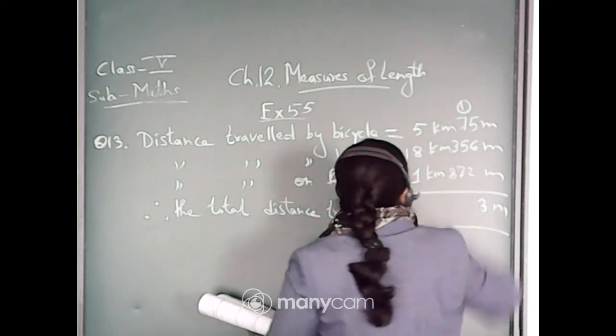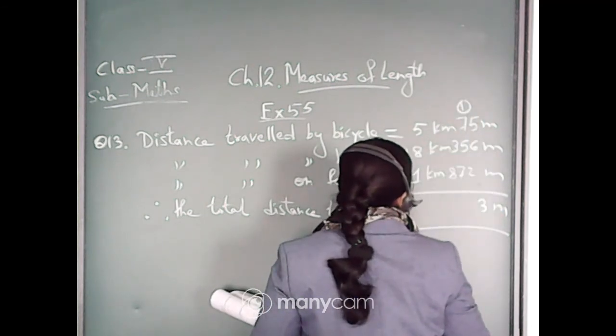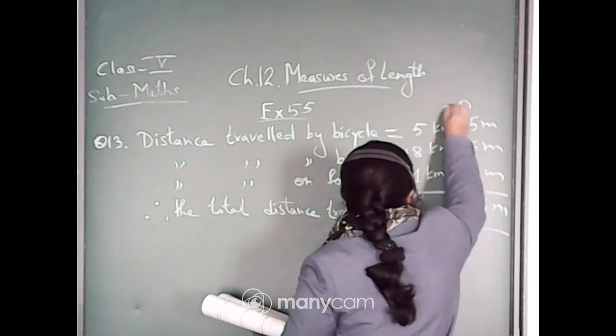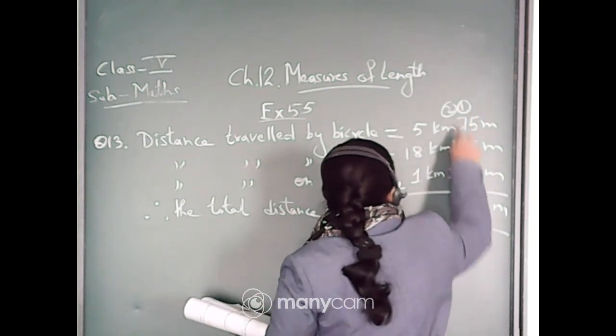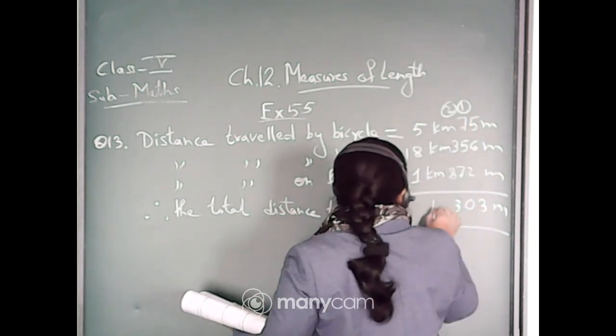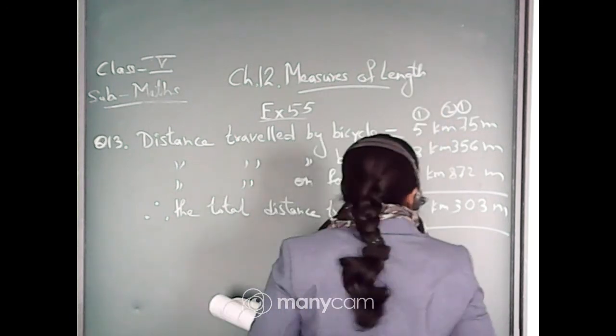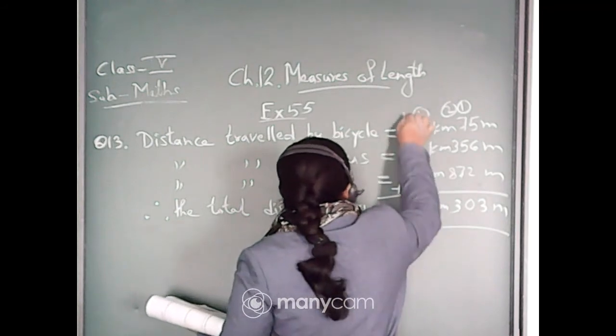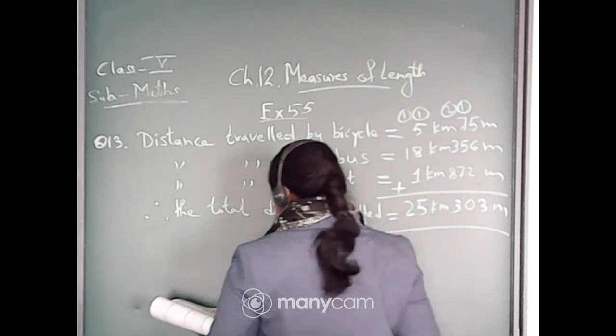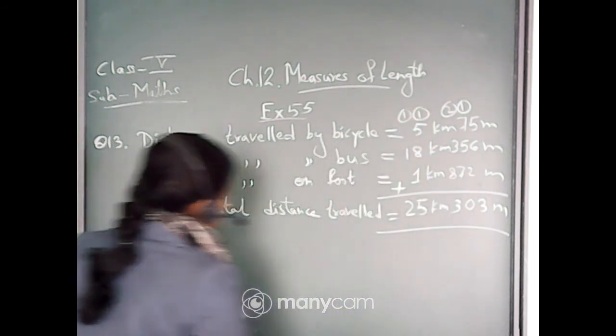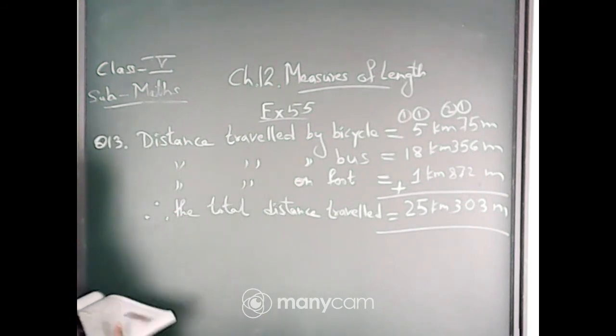Carry 1. 7 2s are 14, 15, 20. Carry 2. So 8 plus 2, 10 plus 1, 13. Carry 1. 8, 9, 10, 15. Carry 1 and 2. That is 25 kilometer and 303 meter.